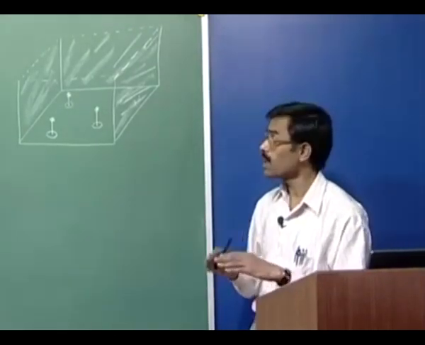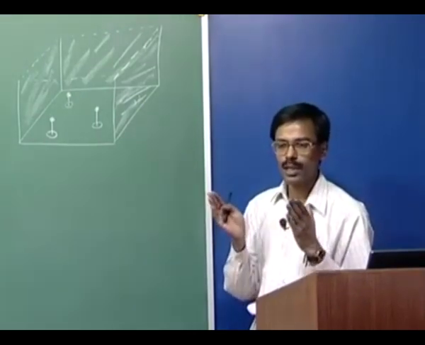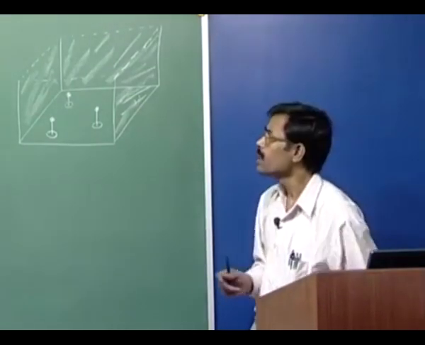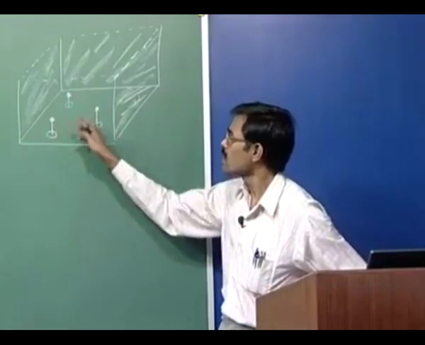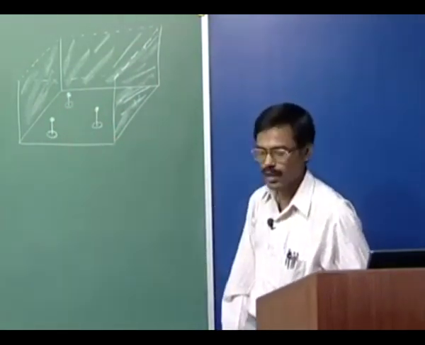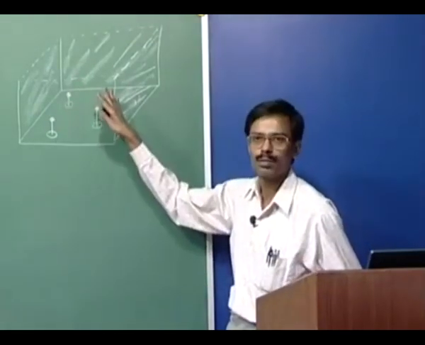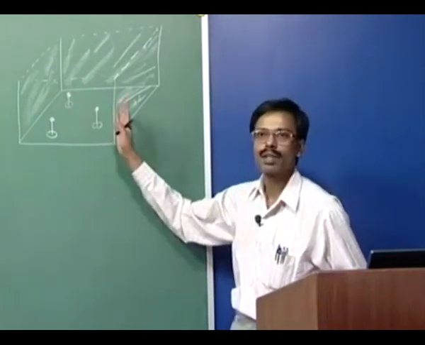Now, that is also a computationally important problem. With these at such and such temperatures and the boundaries maintained as required, what will be the temperature distribution in the room? That is a problem in the x, y, z variables.